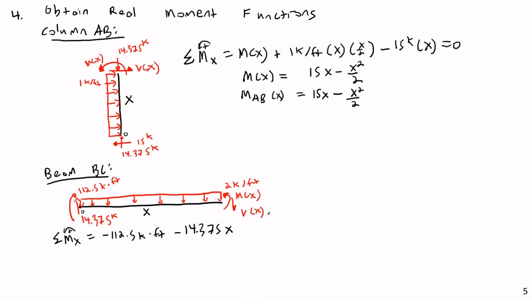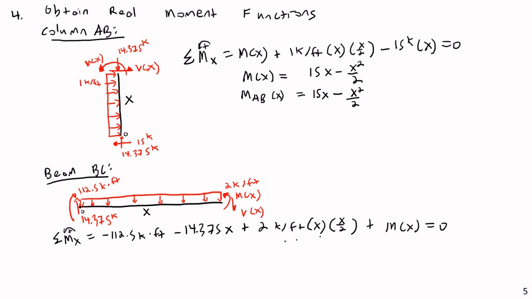That is the moment about point x caused by the reaction here, 14.375 times x. Then plus 2 kips per foot. I'm going to get the moment caused by the distributed load, times length x, that is the equivalent point load, times moment arm length of x over 2. And then finally, plus the actual moment on the right end, the m of x that we're solving for.